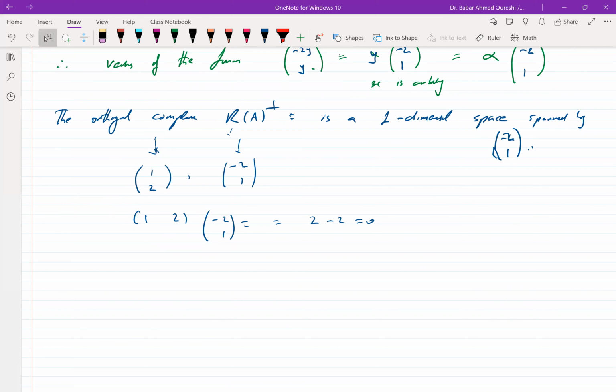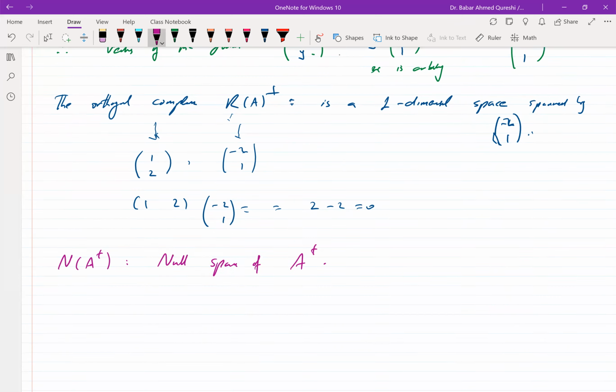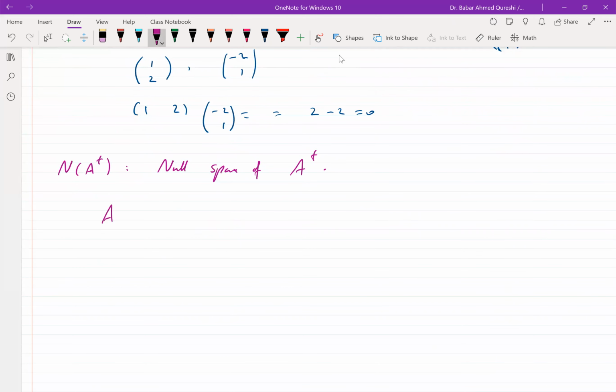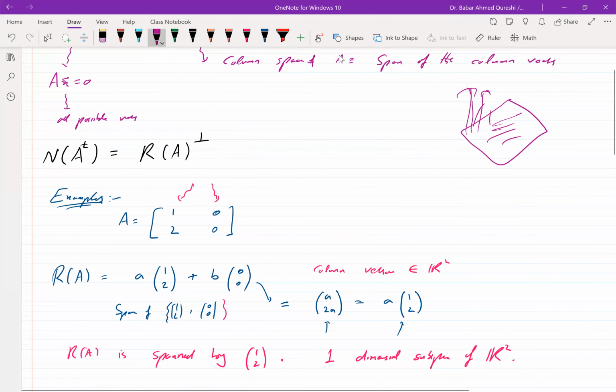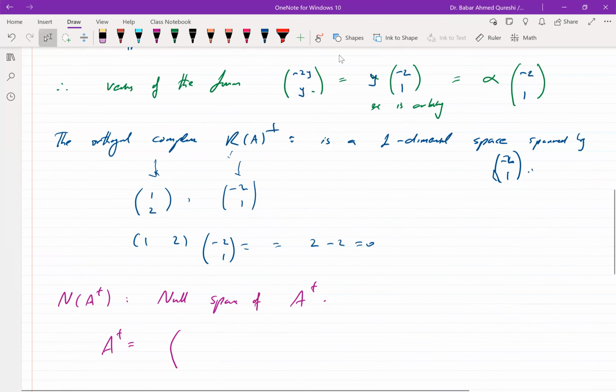Now let us look at the null space because I want to check that if it is equal to the null space of A transpose. Now A transpose is, because A was 1 2 0 0, so it's 1 0 2 0.